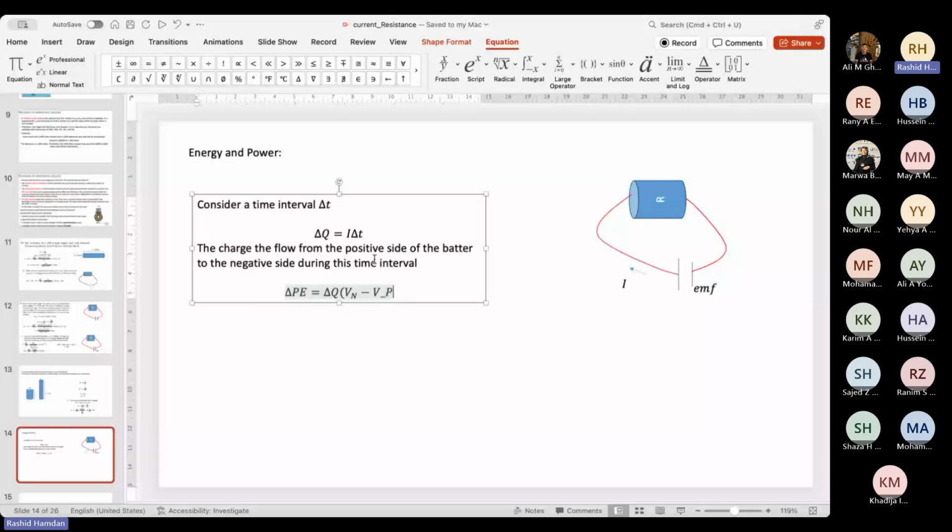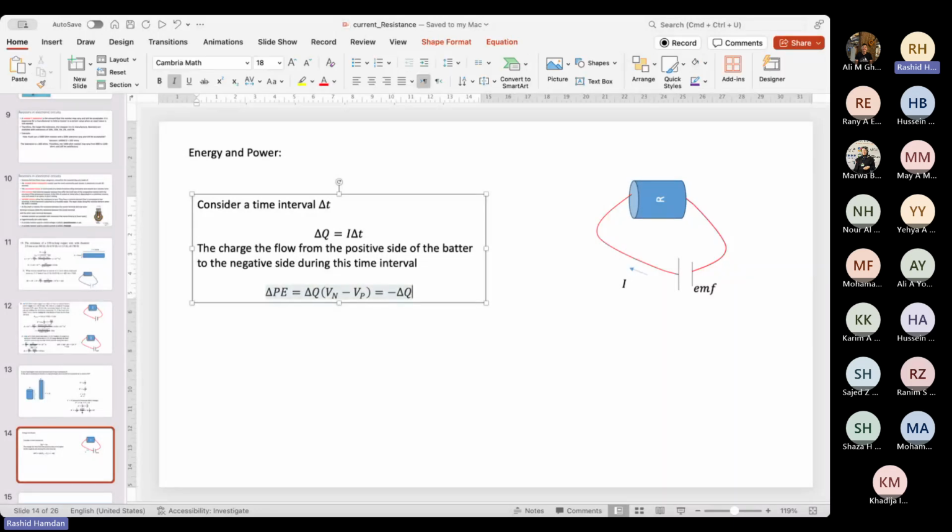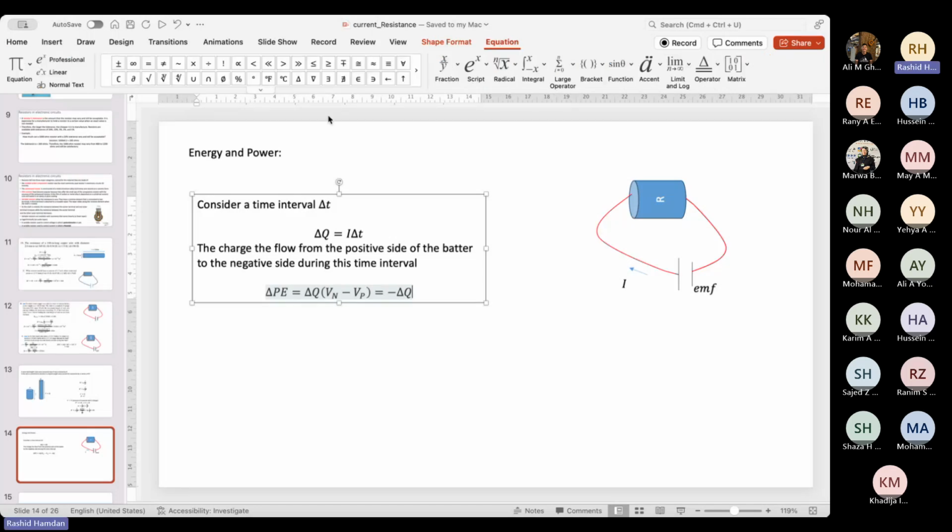So this is equal to minus delta Q multiplied by the EMF of the battery. Let's write the EMF as this curly E.